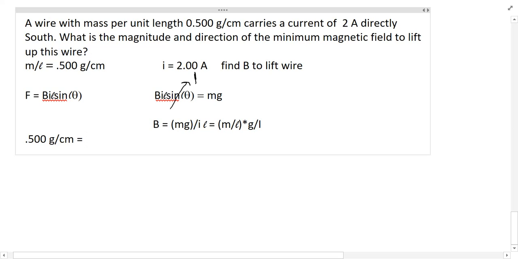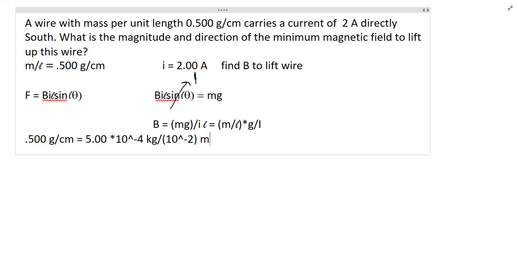So that's 5.00 times 10 to the minus 4 kilograms per centimeter. And if we then change centimeters to meters in the denominator, I need to multiply the denominator by 10 to the minus 2. So that's 10 to the minus 2 meters in the denominator.